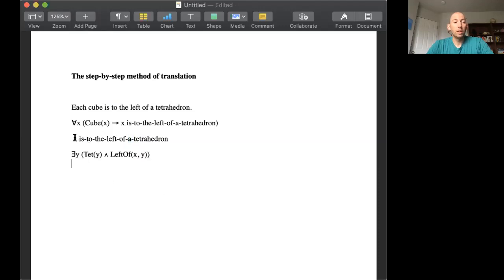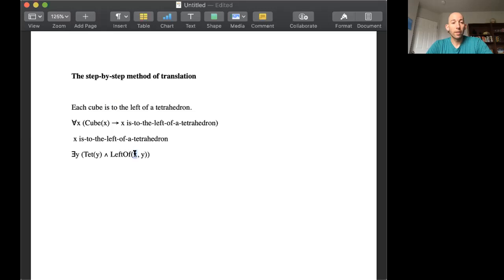So the translation here would look something like this. When we say b is to the left of a tetrahedron, the way we would translate that is: there exists a y such that y satisfies the condition of being a tetrahedron, and b is to the left of y. Now all we're doing is taking b, which we had temporarily substituted for x, and changing it back to x.